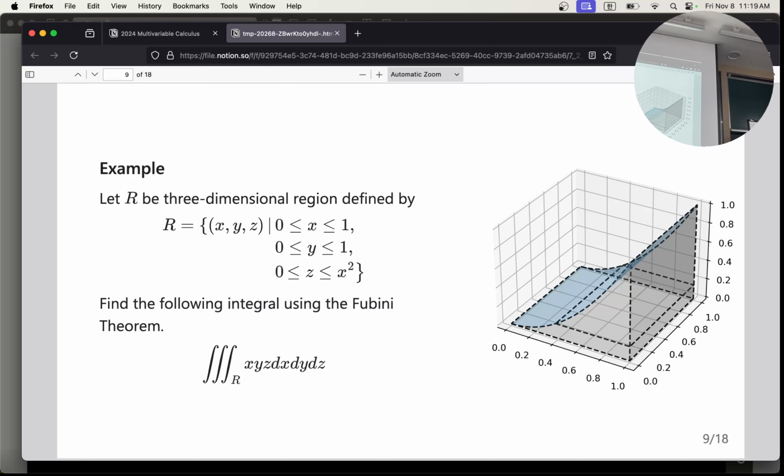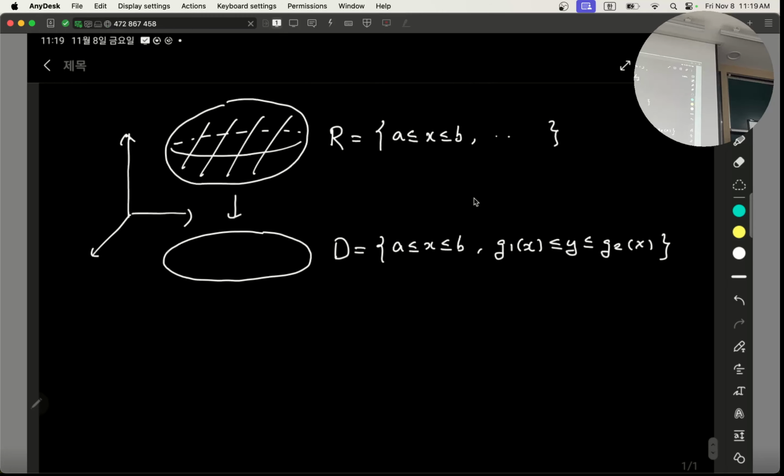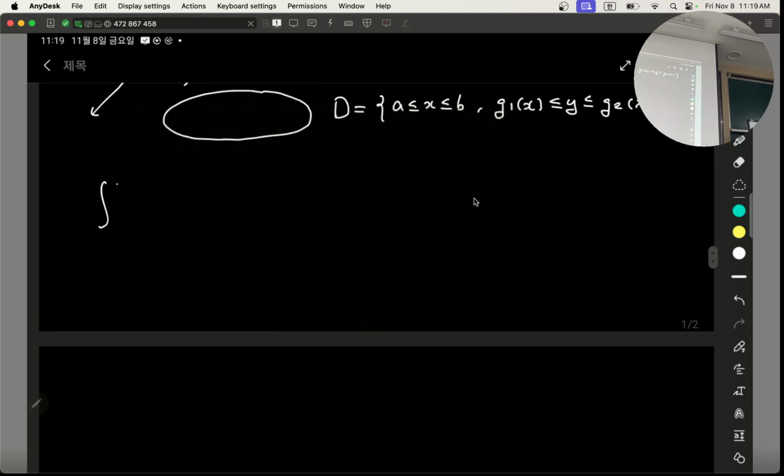Let's try to compute this in this order. The integration over R of xyz dx dy dz.